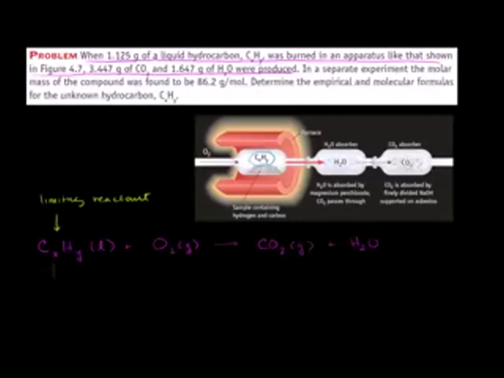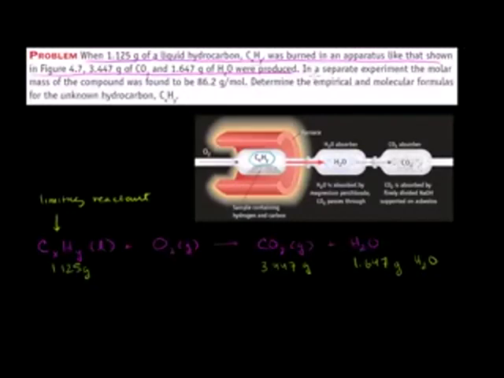They tell us we have 1.125 grams of the mystery substance, and then it produces 3.447 grams of carbon dioxide and 1.647 grams of water. Now, to solve this, let me finish reading the problem.